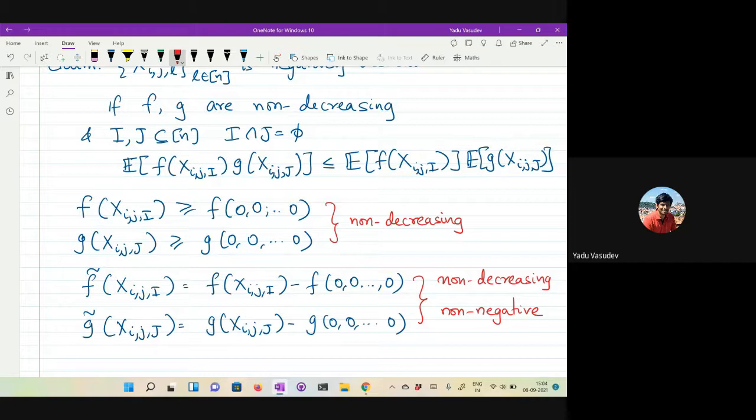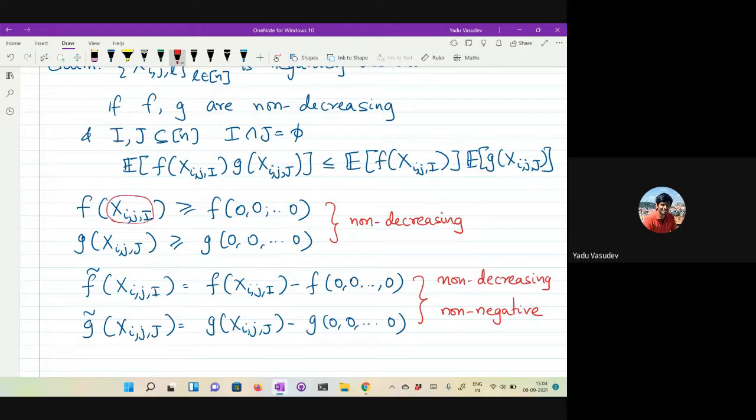Right? These functions are non-decreasing and non-negative. Correct? Because f was indeed non-decreasing. And the random variables x_ijl are all 0-1 random variables. Right? Because for every other value that you can put here, it is greater than the value corresponding to 0.